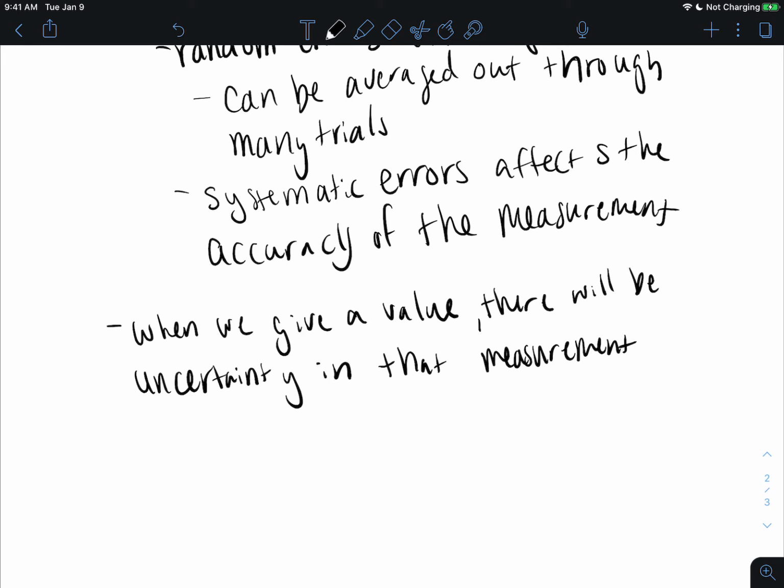So for instance, you may see some volume like 2.54 milliliters. What we're saying in that measurement is this last digit right here is uncertain due to possible errors. So this is our uncertain value.